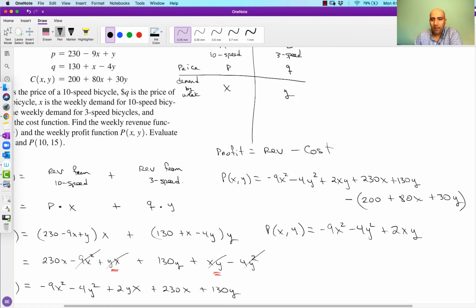And then minus 80x will combine with that to give us 150x. So plus 150x, put it underneath here, plus 150x. And then minus 30 here gives us plus 100y. And then there's this minus 200. Oops, that takes care of everything. And there's our profit equation.